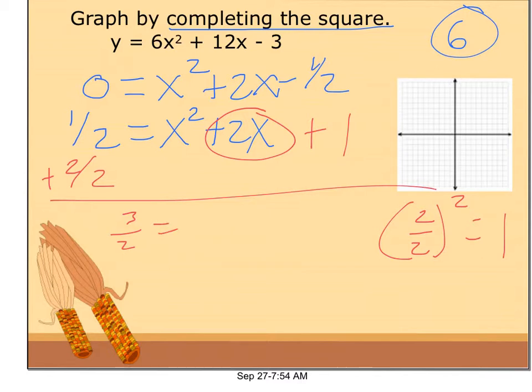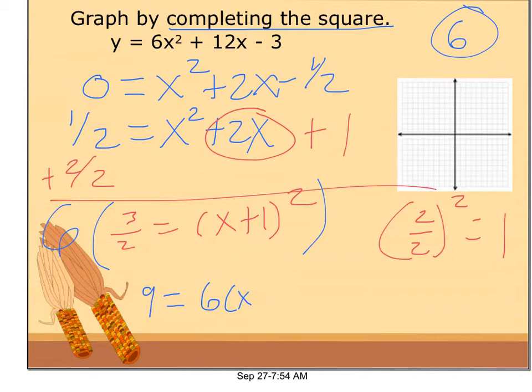That leaves me with 3 over 2 on the left. The reason I chose the number 1 is this will now factor beautifully as x plus 1 squared. And this is actually the point where I am going to take 6 and bring that back. I'm going to multiply everything by 6, and I get 9 equals 6 times x plus 1 squared.